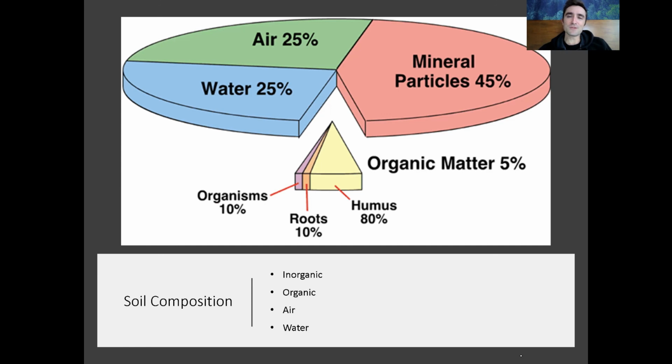That's the food that you spread on your naan or on your sandwich or your chips or your carrots. Humus, though, is a material that is the byproduct of decomposers, which are a whole host of organisms whose role on the planet is to eat dead things and then poop it out.